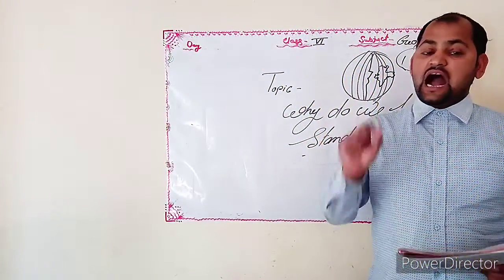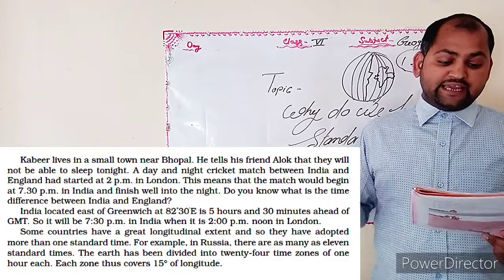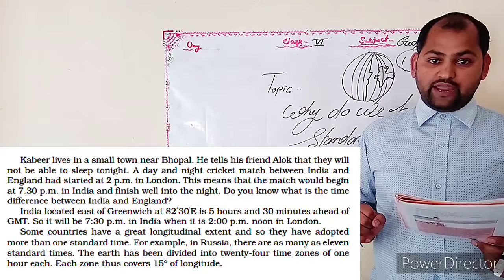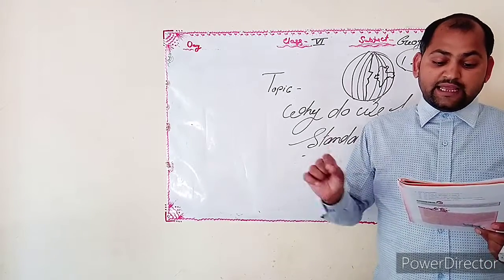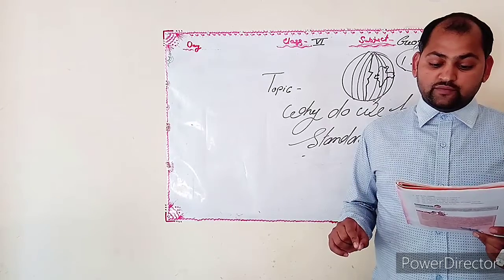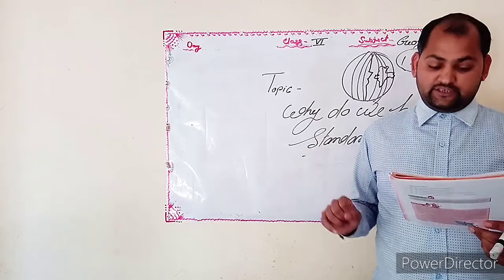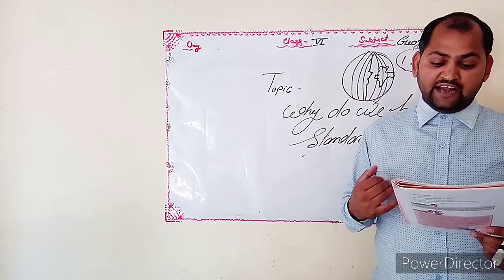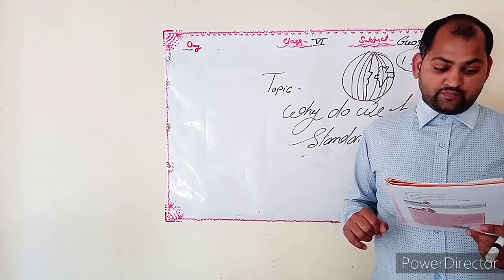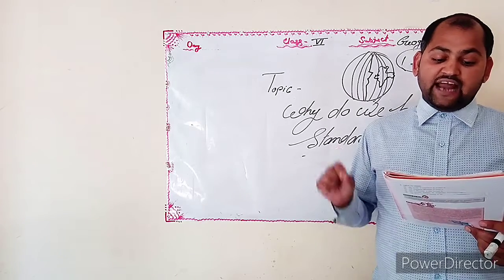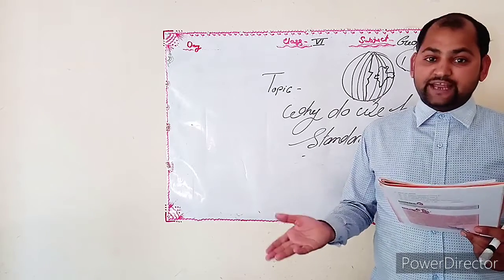Okay, dear students, I want to give an example. Suppose I am Kabir, who lives in a small town near Bhopal. He tells his friend Alok that they will not be able to sleep tonight. A day and night cricket match between India and England had started at 2 p.m. in London, which means afternoon time.